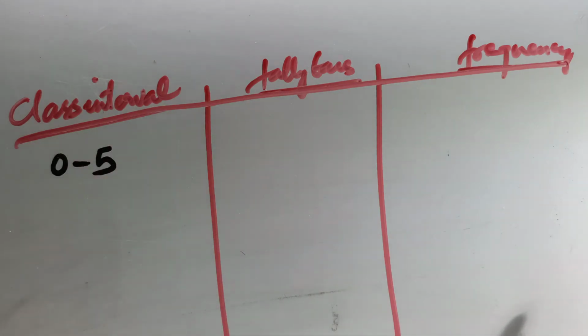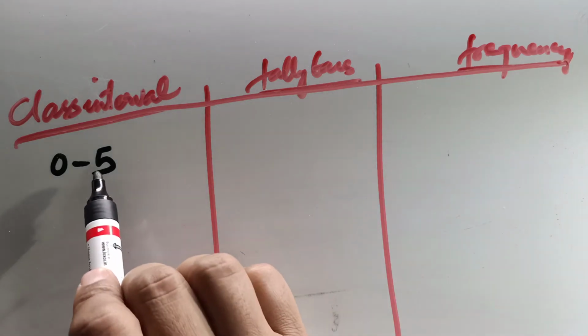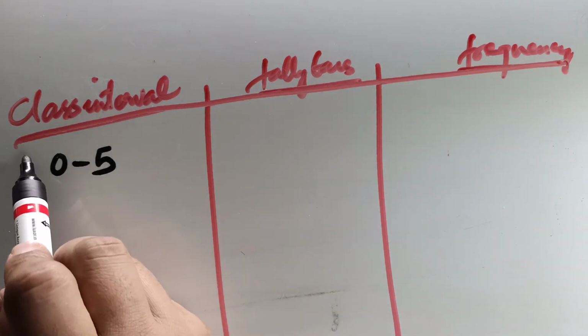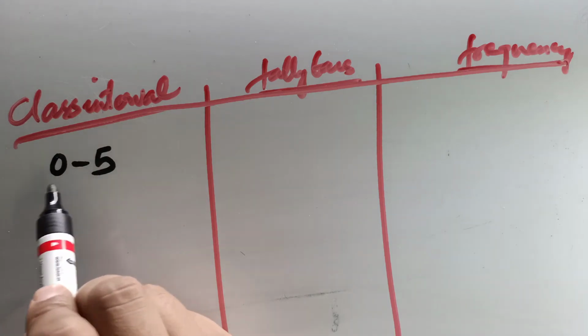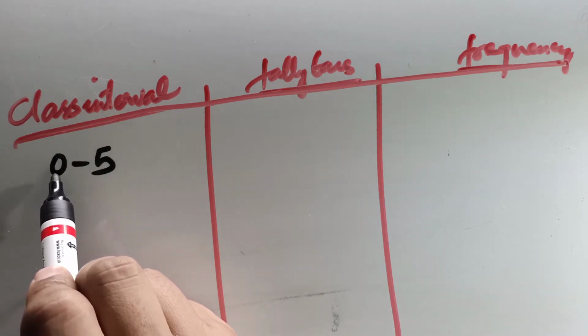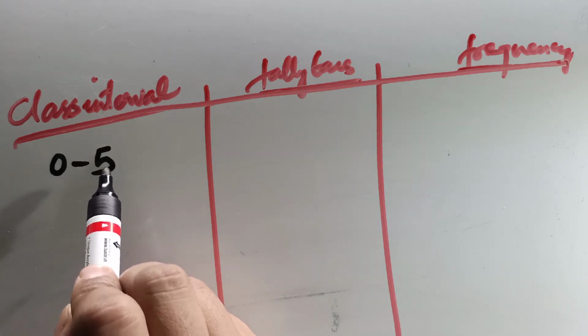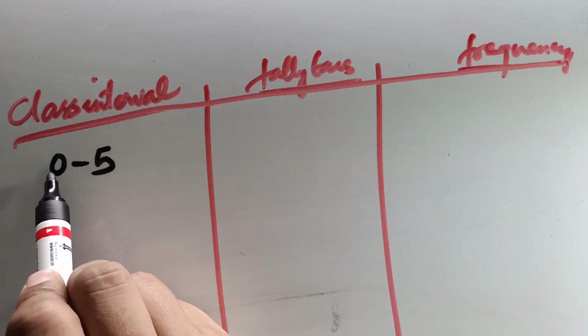Now class size 5. What do you mean by class size? The 0 over here is the lower limit and 5 over here is the upper limit. When you subtract these two, 5 minus 0, you get 5.